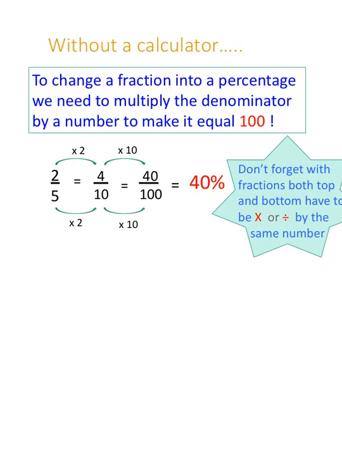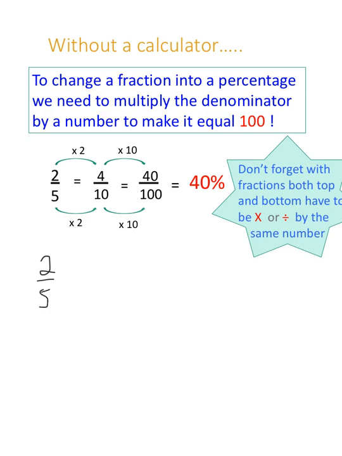On this next slide, we want to change a fraction into a percentage without using a calculator. So if percent means out of 100, what we want to do, in this example, is to write 2/5 as a percentage. So the first thing we do, I'll just copy it down here. We said OK, 2/5.